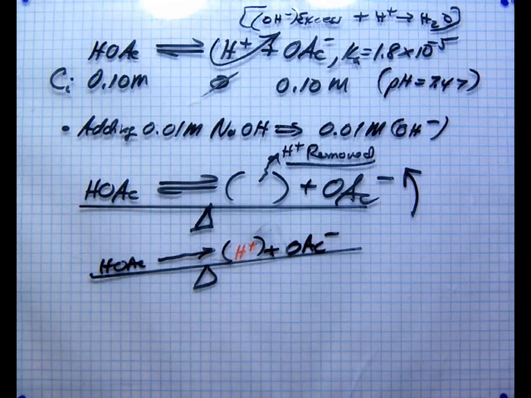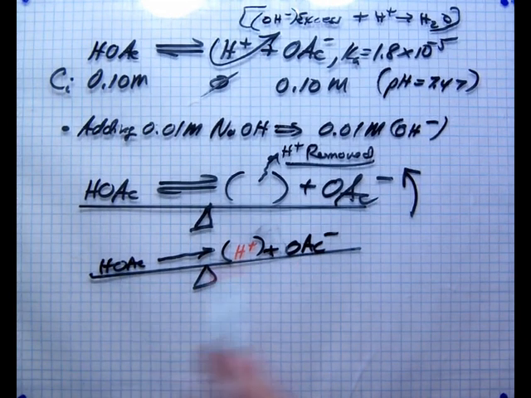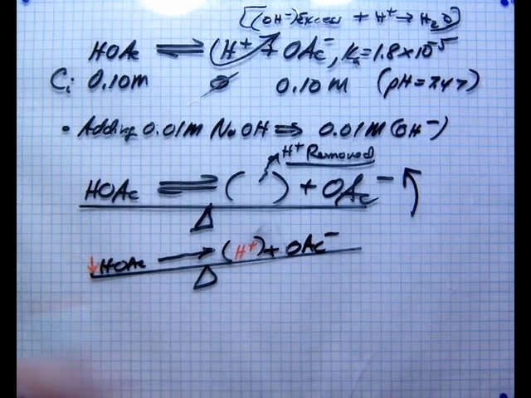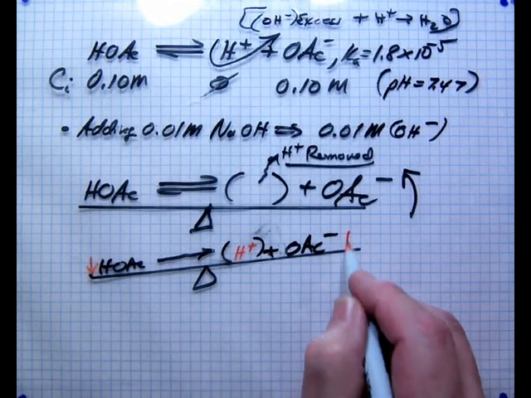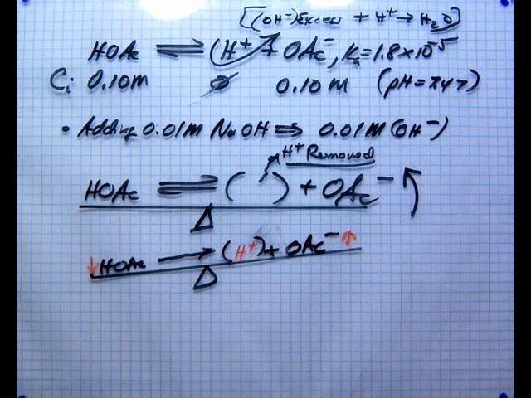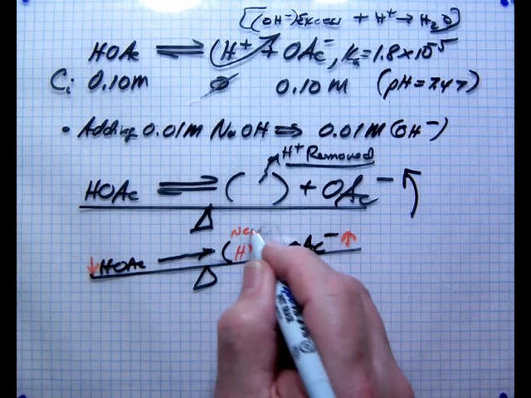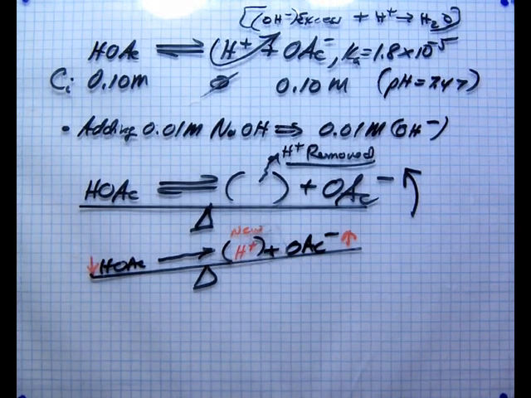So when we look at our equilibrium, who's going up and who's going down as the OH is being removed? Well, as we shift left, this concentration is going to be going down, and the conjugate base concentration is going to be going up until we get to the new equilibrium.